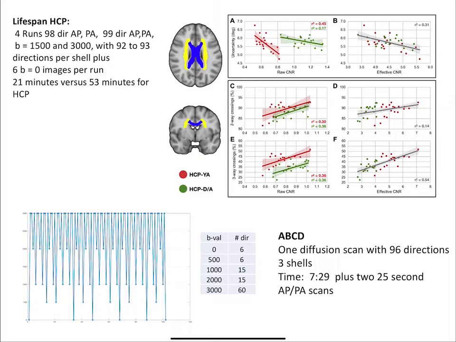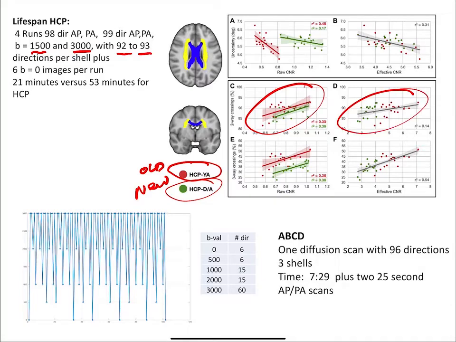The next step down is the lifespan HCP, where it's now cut down to 21 minutes, and they do 2 shells, one at B 1500 and one at 3000, with 92 to 93 directions per shell, plus 6 b equals 0 images per run. So that's a little better. This is comparing sensitivity between the old protocol and the new one for the lifespan project, and you can see that for most of the metrics, it matches pretty well.